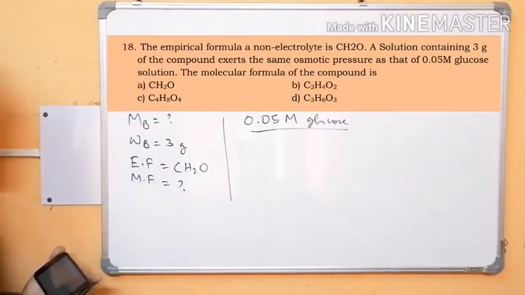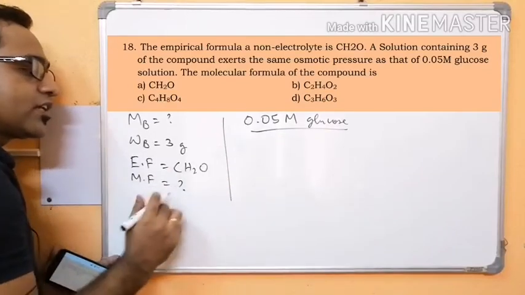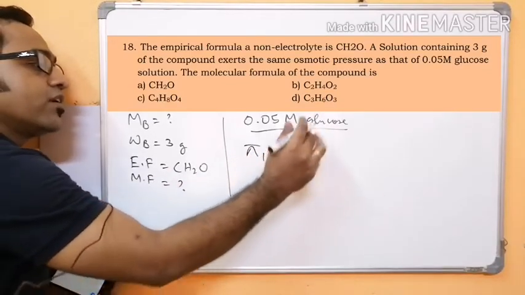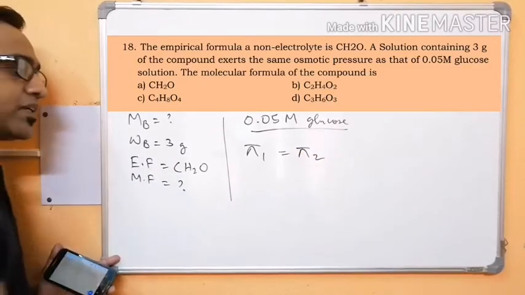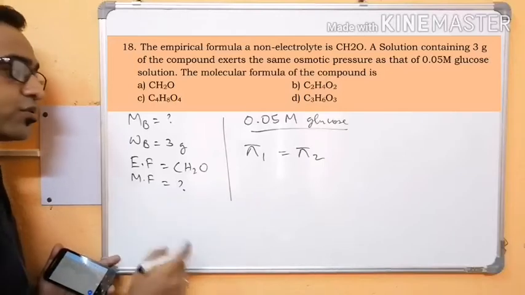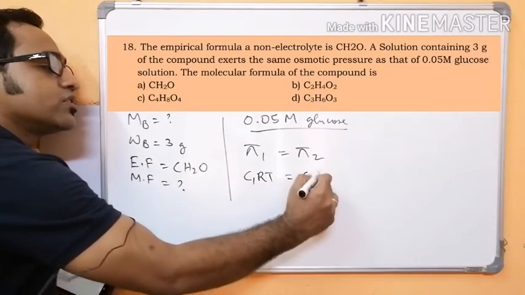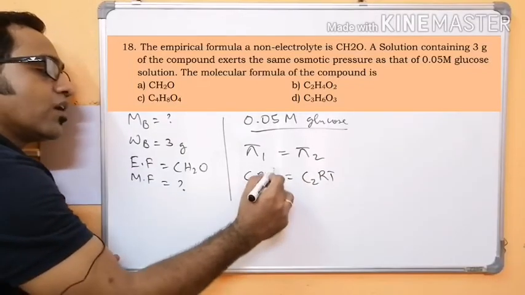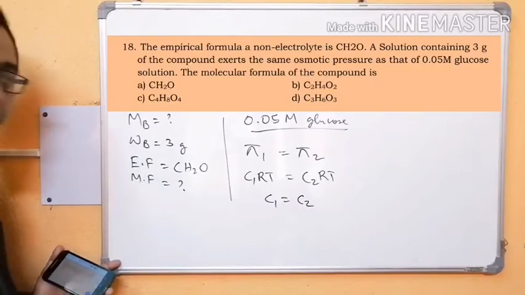Both the solutions have the same osmotic pressure. So what we can write, for this solution the osmotic pressure is pi 1, for glucose it is pi 2. Both are having the same osmotic pressure, so we can write pi 1 equal to pi 2 since it is given in the question. So it is C1 RT is equal to C2 RT. So RT are constant, so we can write C1 equal to C2.